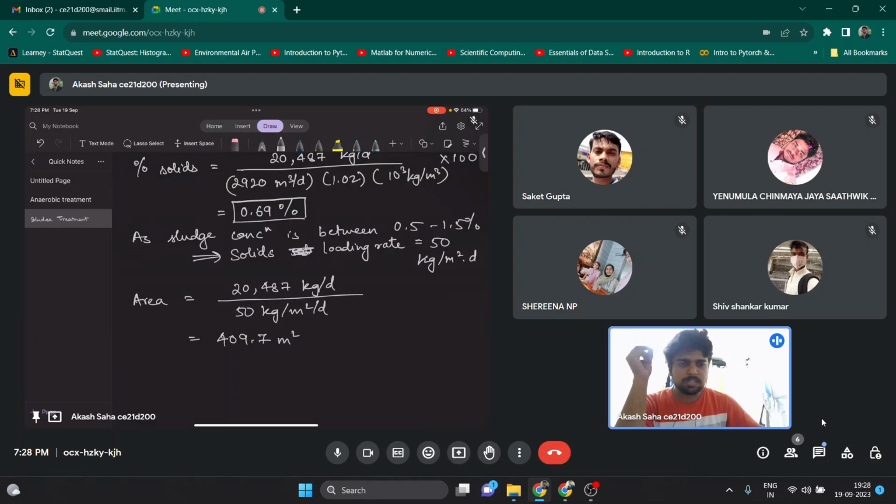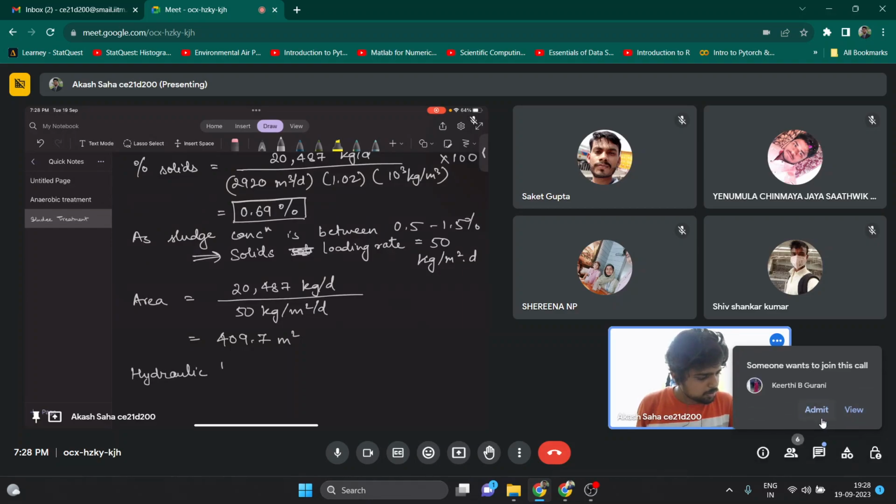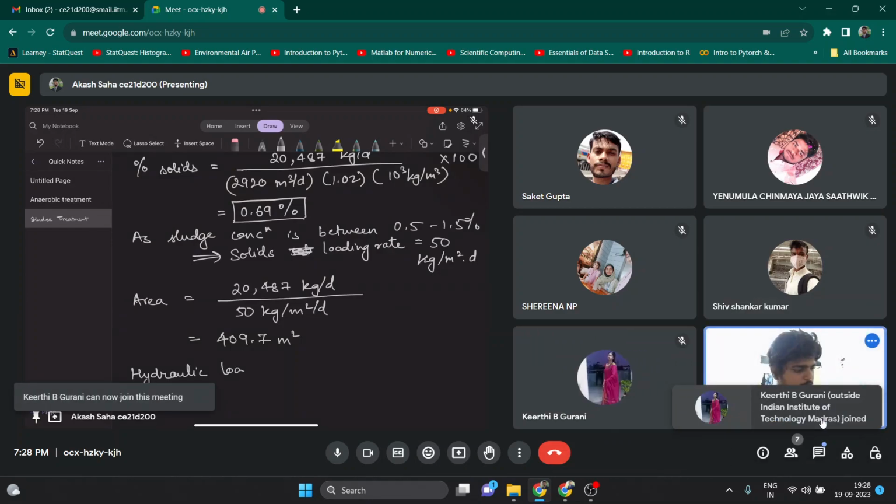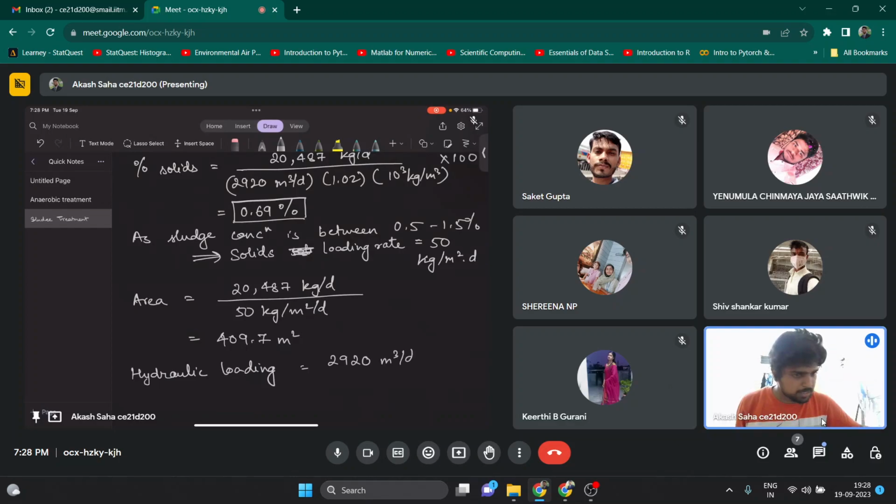Okay. So to find out the surface area of my gravity thickener, we just divided the total solid in a day by the solid loading rate, like how much per day will be applied per meter square. And also my hydraulic loading based on my flow rate will be 2920 meter cube per day divided by 409.7 meter square.